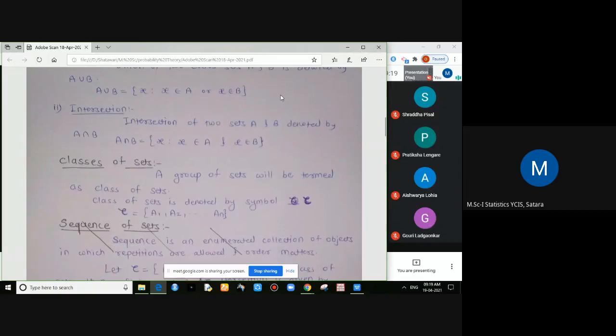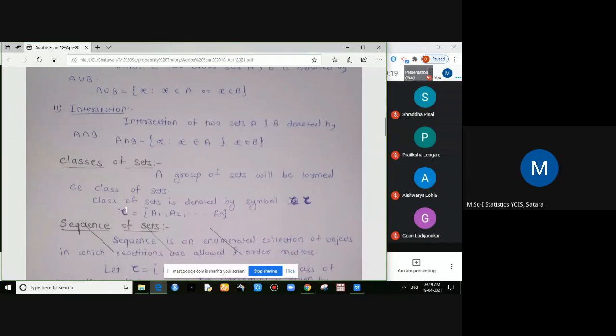Then that set which contains all the sets you already have is called a class. The class of sets is denoted by this symbol, which we can read as script C, for the class of sets.